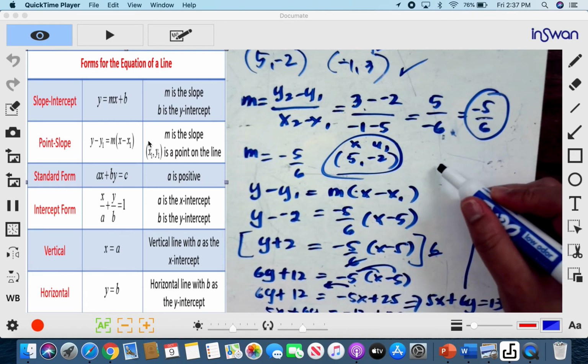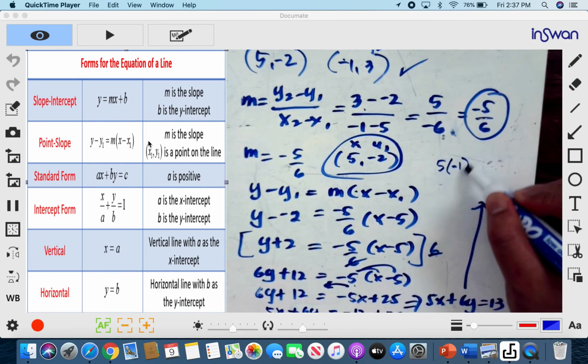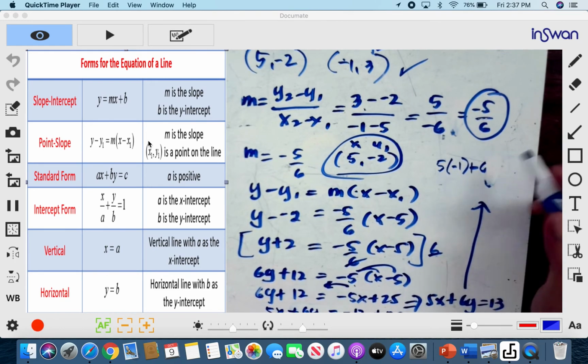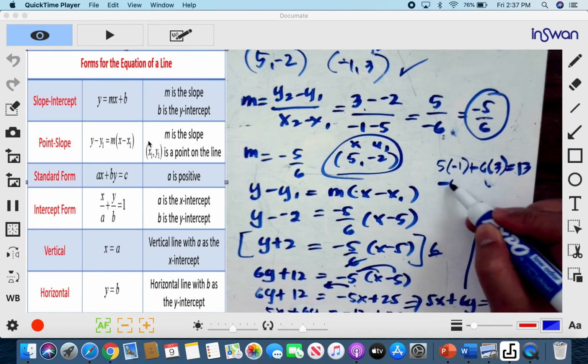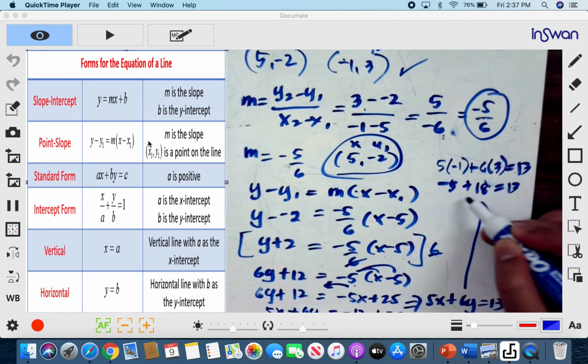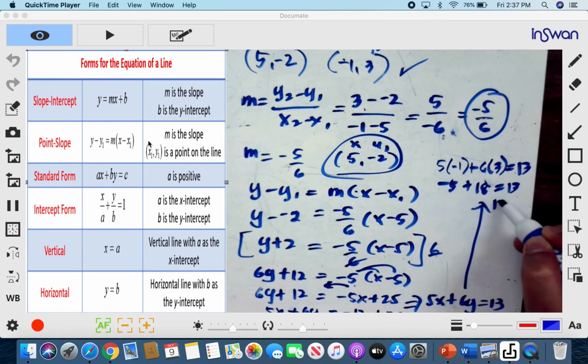So you have your x to be negative 1 and your y to be positive 3, which should be equivalent to 13. So this is negative 5 plus 18 equals 13. And as you can see, negative 5 plus 18 is also 13. So therefore, what we did is right.